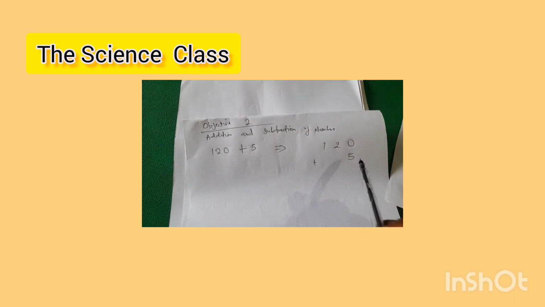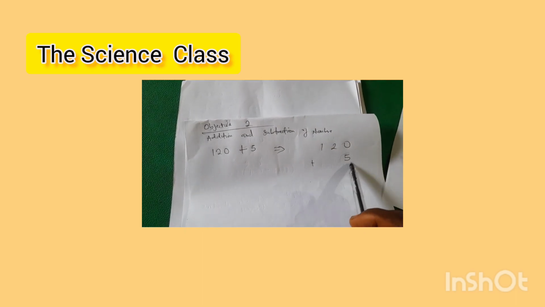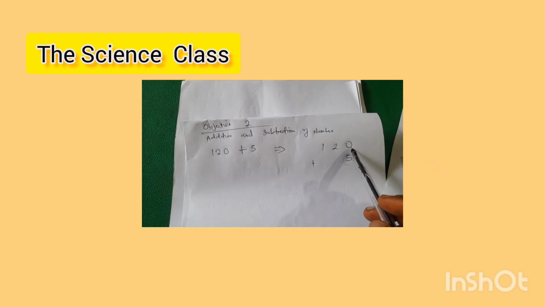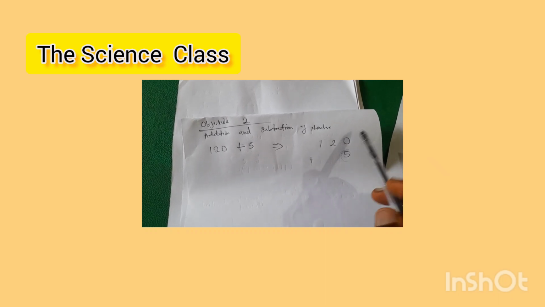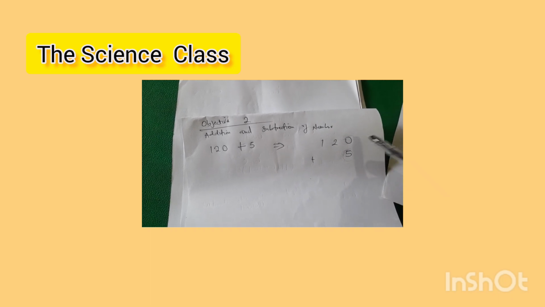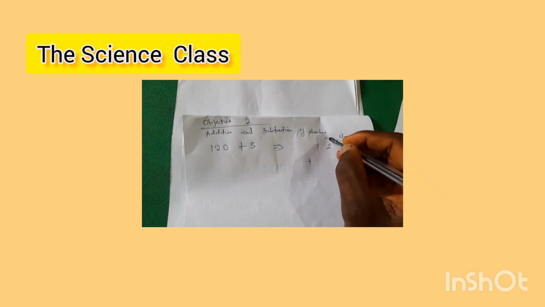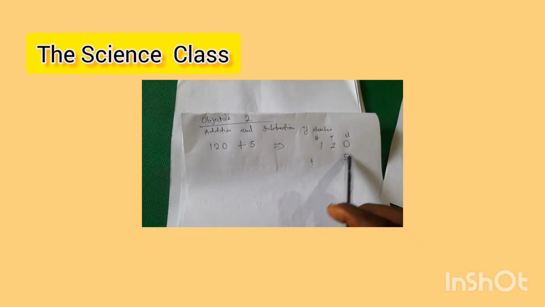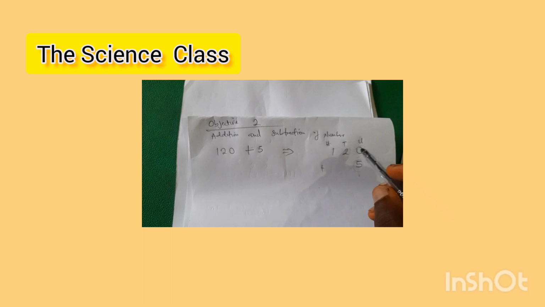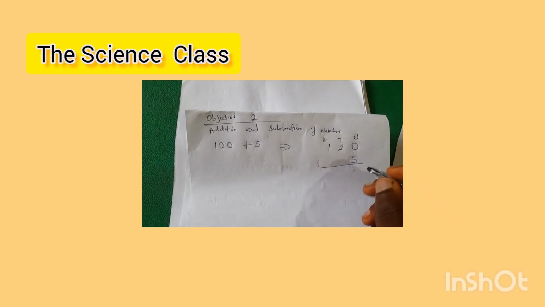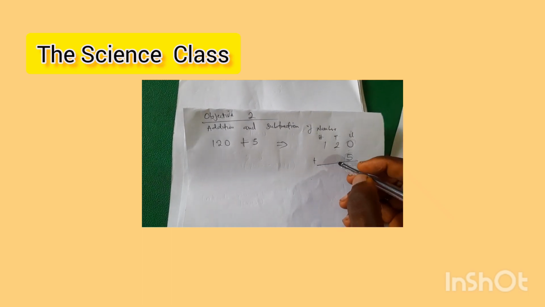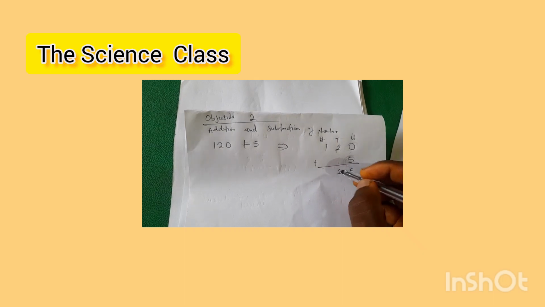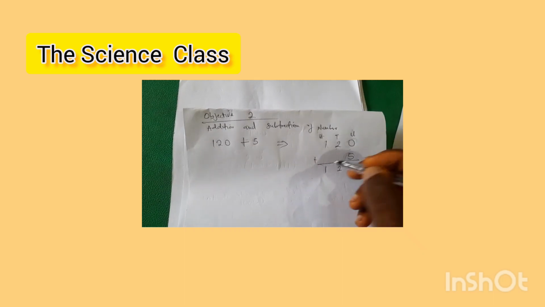Since 5 is a single digit, you put it at the last end of the bigger number, 120. This is the unit, this is the 10, this is the 100. So 5 falls under the unit. So 0 plus 5 is 5, 2 plus nothing is 2, 1 plus nothing is 1.